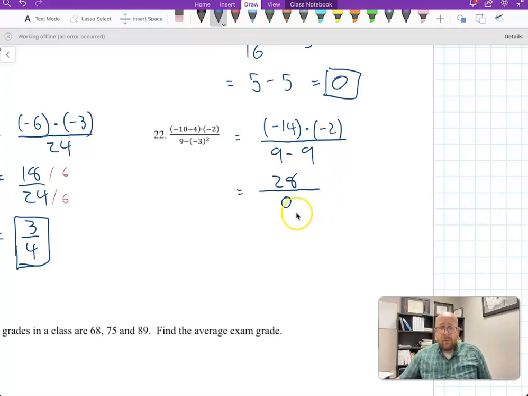And now's a good time to recall, can you divide by 0? No. Dividing by 0 is what we call undefined.